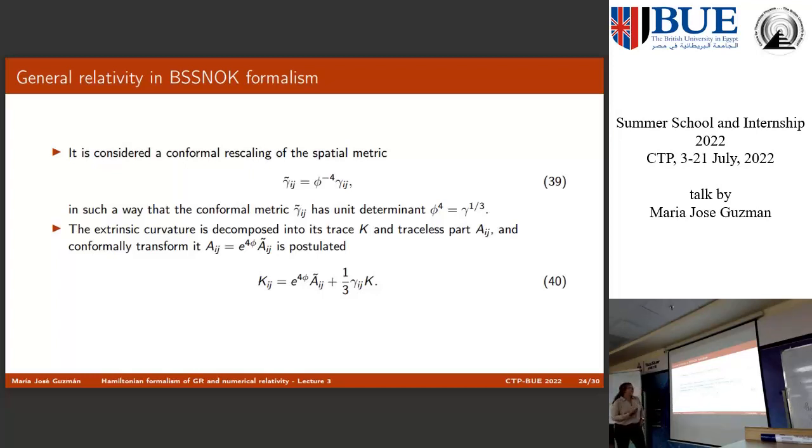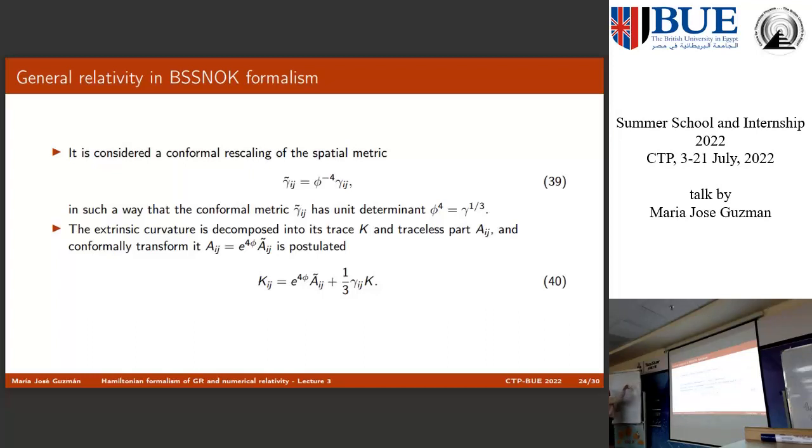And we can do the same trick with the extrinsic curvature, because the extrinsic curvature can be written in terms of the trace of this tensor and the trace-free part of the tensor. And this trace-free part, we also make a conformal transformation. Yeah? So, in principle, the variables that you work with in general relativity are the gamma, the intrinsic metric, and the extrinsic curvature, which are equivalent in the Hamiltonian picture to the gamma and the pi.